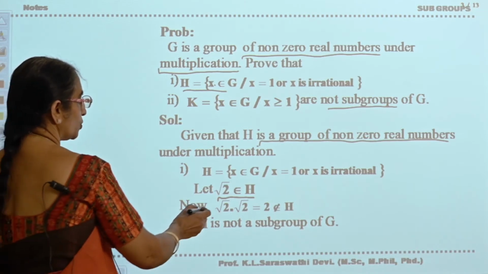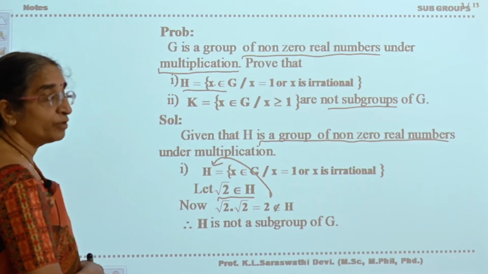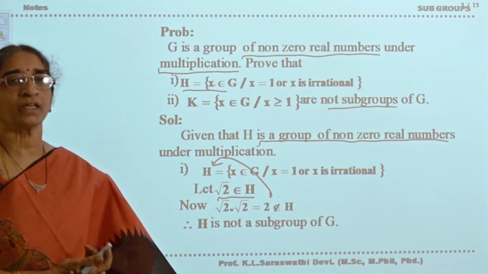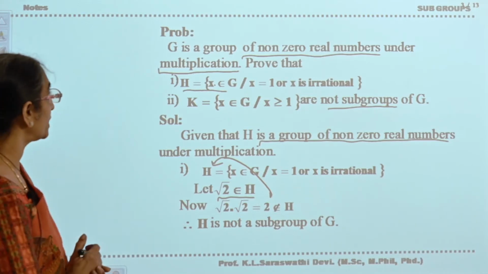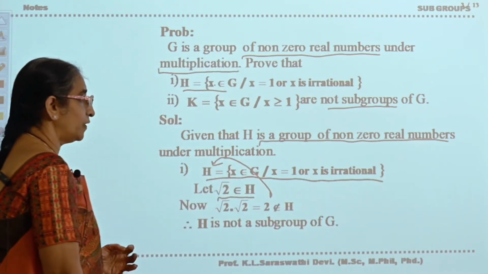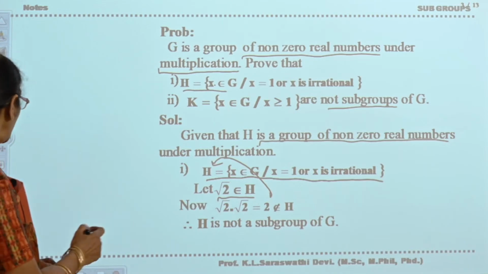Therefore this 2 does not belong to H. Therefore you will say that the closure property is not satisfied with respect to multiplication in the given set H, where x belongs to G, x is equal to 1 or x is irrational. H is defined in such a way.